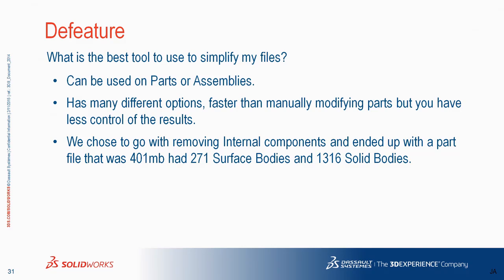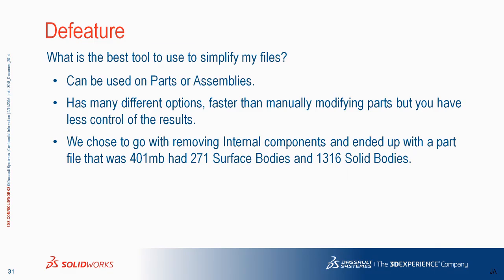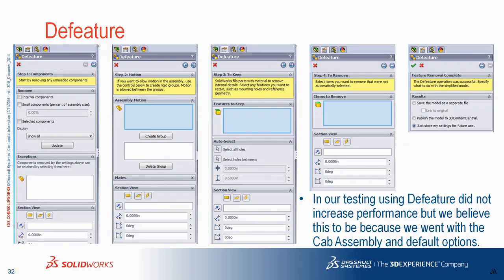We chose, with our assembly, once again, the cab assembly. We were removing internal components and ended up with a file that was larger than what we started off with. I think the problem is we went too big with what we were trying to do.